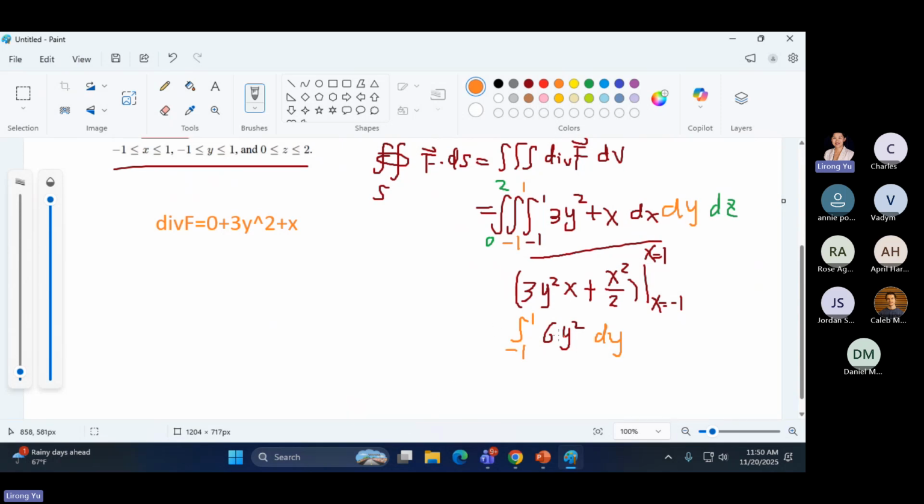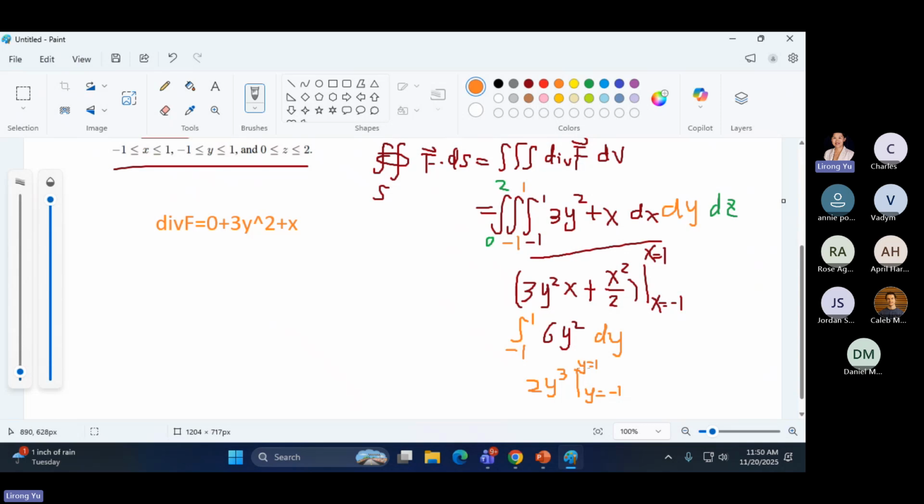So the antiderivative of this will be, right, 6 times y cubed over 3. The 3 will cancel with 6, which is 2. So it should be 2y cubed. That's the antiderivative, and I'm going to evaluate at y equal to 1 and y equal to -1.